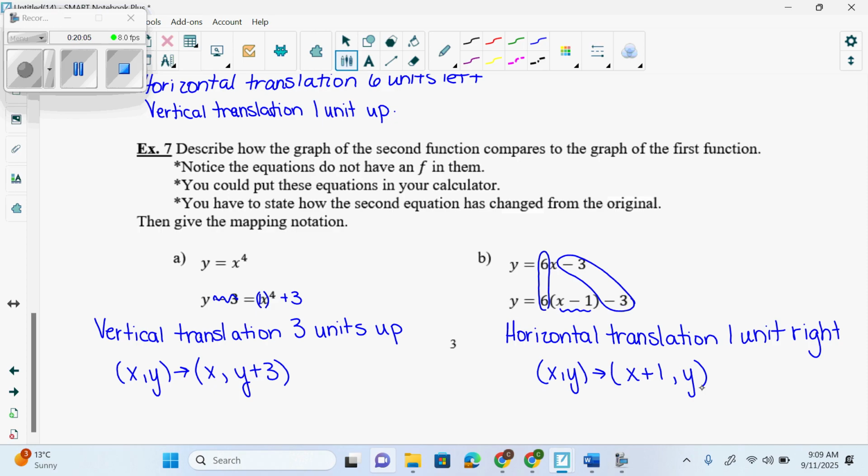2 more questions on the back. Go. So on the next page, there's 2 more. Try them out.